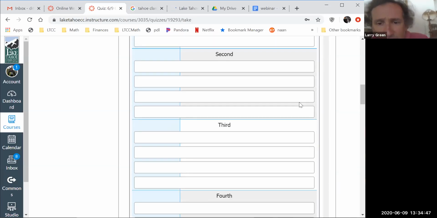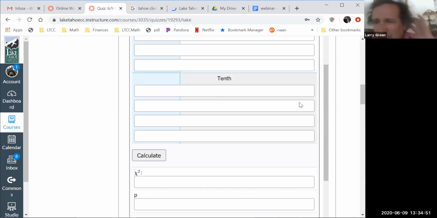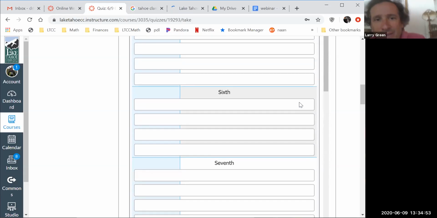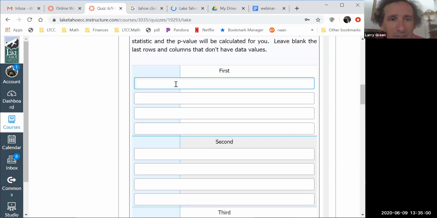Okay, notice, just because this is kind of messy with the quiz, I didn't even know this one did this one also. So in this case, you put all the first ones in, and the first were 98, 55, and 70. And it doesn't matter whether you do rows and columns, you'll get the same answer. So 98, 55, 70.